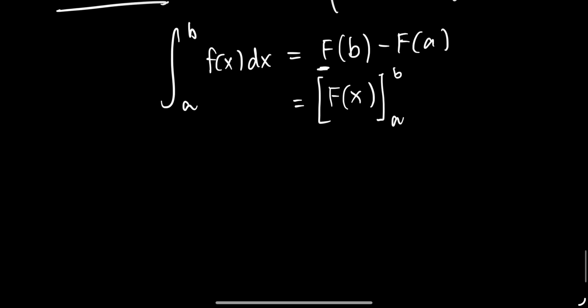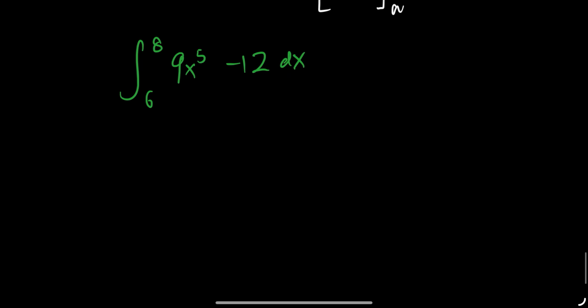Just to understand how we use it, let's say from bound 6 to 8, 9x^5 minus 12 dx. So for now we treat it like it's an indefinite integral.